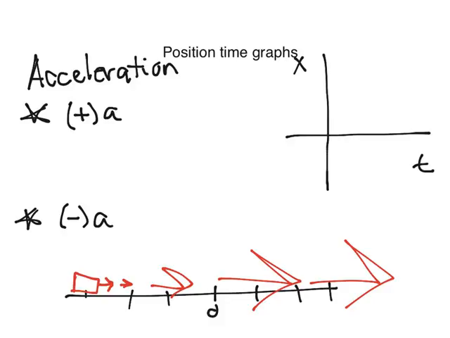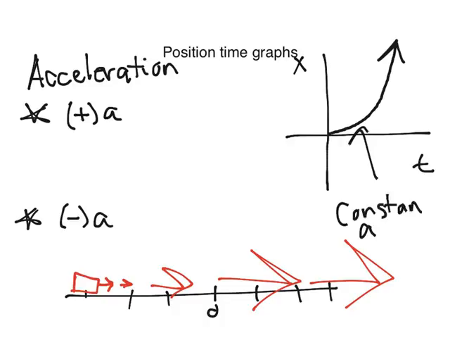So we start off going pretty slow, we're not going very far, and then we start going very far very quickly. So this is going to be constant acceleration, which I will just call A.